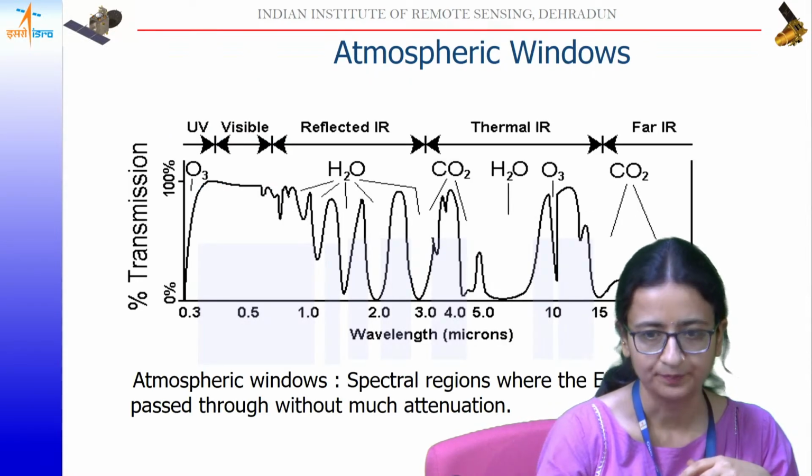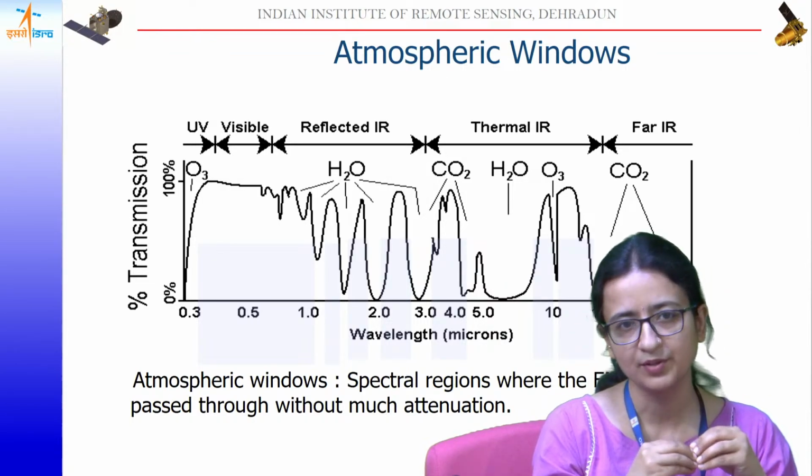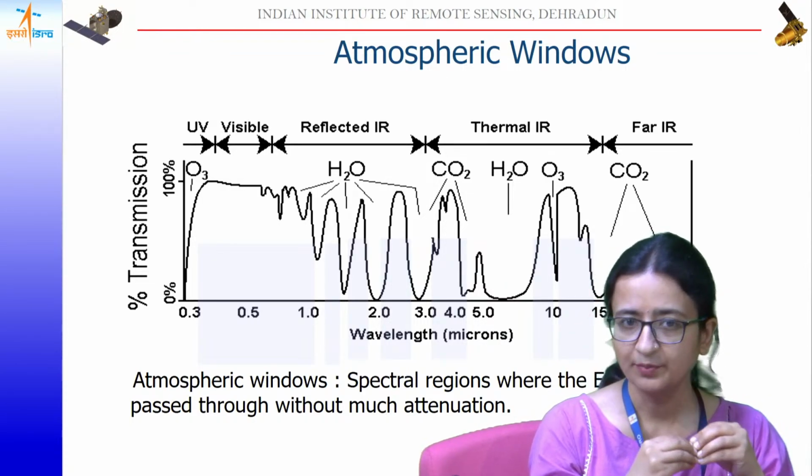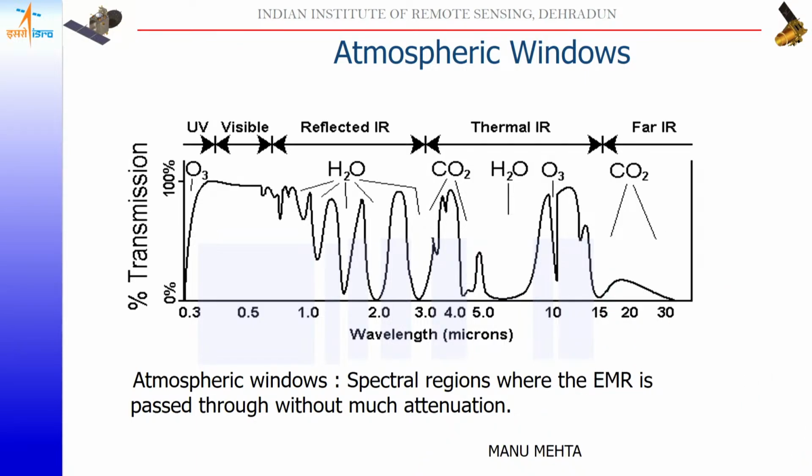With absorption by atmosphere, we are limited to atmospheric windows. What are atmospheric windows? These are those spectral regions where the electromagnetic radiation is passed through without much attenuation. That means the atmosphere becomes transparent to these electromagnetic radiation. If you look at this x-axis, you have wavelength, and on the y-axis you have percentage of transmission.